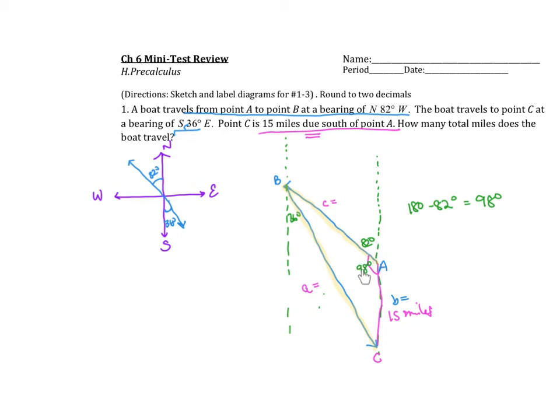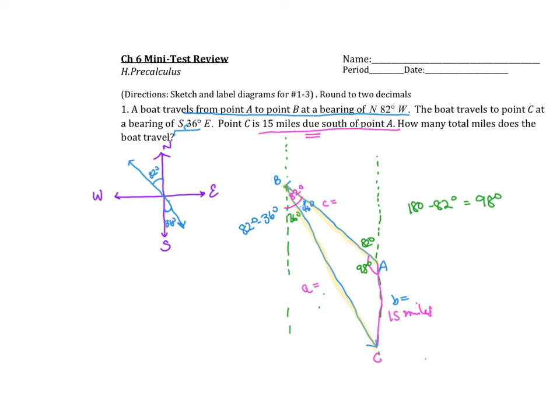Then we can figure out the angle in here. We could use 82 degrees here, and actually that might be faster. These are parallel lines cut by a transversal, A and B. So if this is 82 degrees up here, then 82 degrees is the angle here as well. If this is 82 degrees total, we can find the angle inside by taking 82 degrees minus 36 degrees, which is 46 degrees.